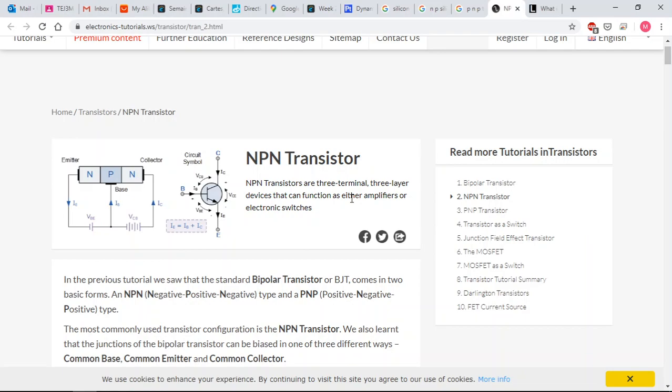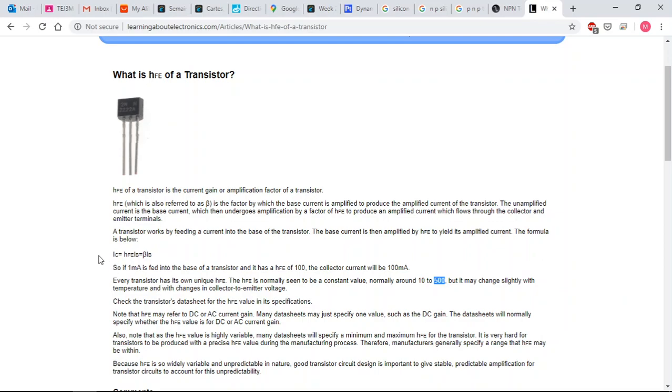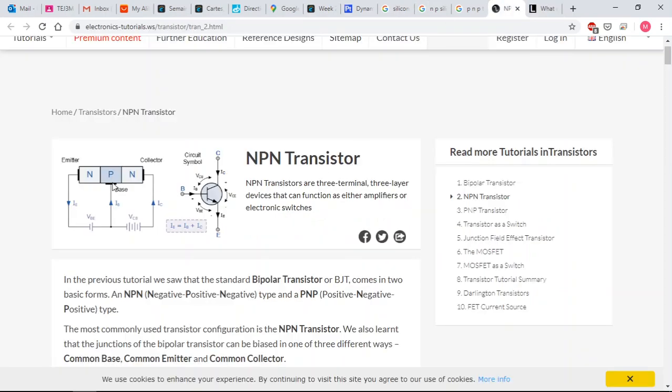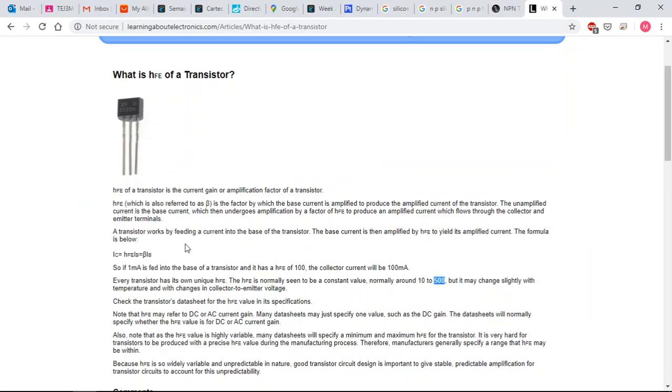The key formula for that is IC equals HFE or beta times IB. If I have a small current going through the base down to the emitter, it controls a much greater current going through the collector right here. The relationship between those two is here.